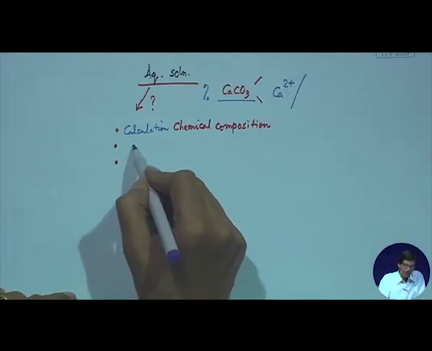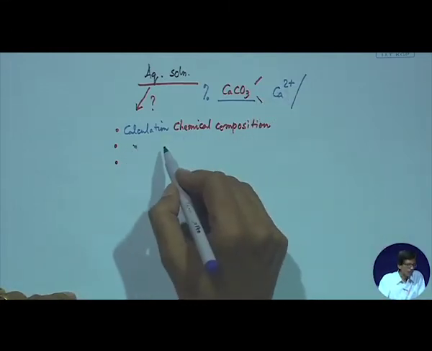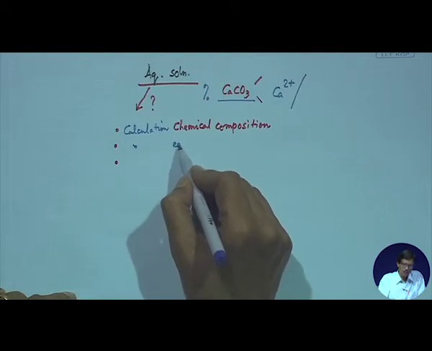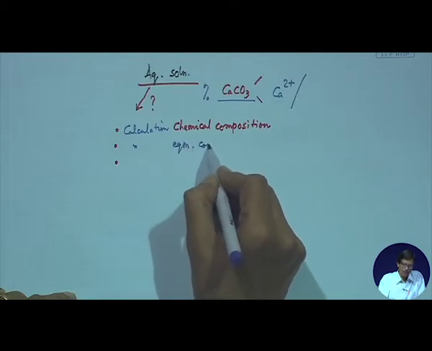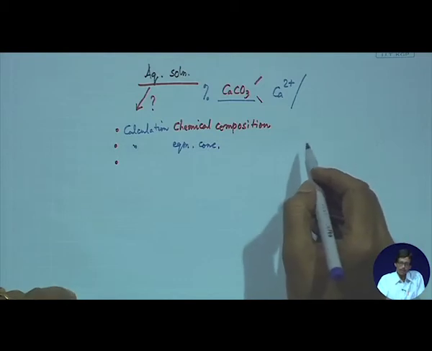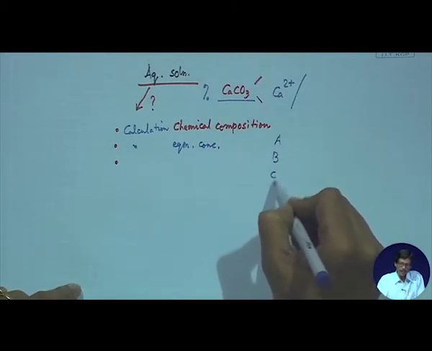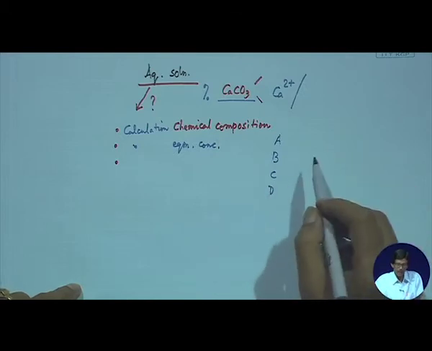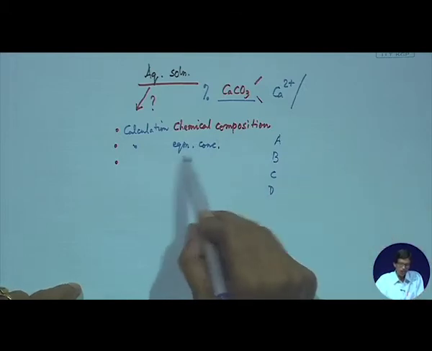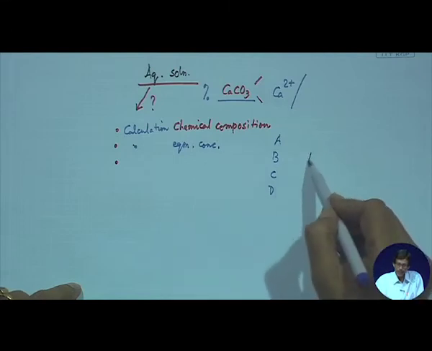Then we can have some idea about the corresponding calculations of the equilibrium concentrations, what we were just now talking about, the species like A, B, C, D for a particular type of chemical equilibrium. So, what are those equilibrium concentrations, depending upon the magnitude of K?